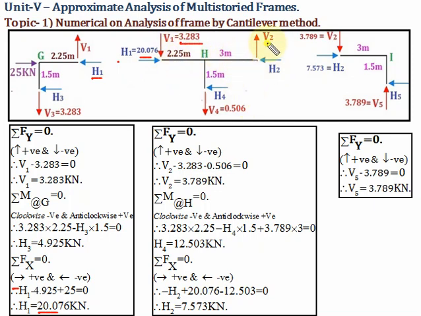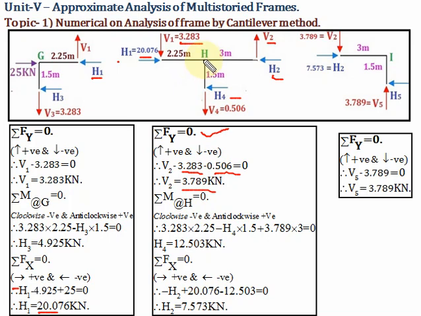Now the unknowns are V2, H2 and H4. First equilibrium equation, summation Fy, upward positive, downward negative. V2 acting upward is positive, V4 downward so minus 5.06, and V1 downward again minus 3.283. So we get the value of V2 as 3.789.